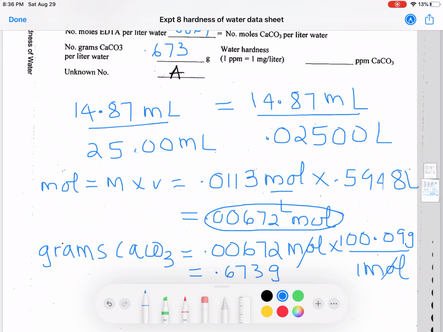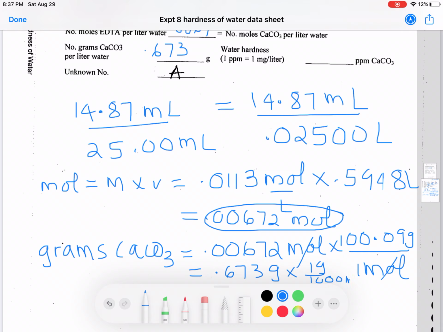Now the water hardness is in parts per million, which is milligrams per liter. So how do you convert grams to milligrams? How many milligrams in a gram? 1000. Good. So you take this number and 1 gram you divide it by 1000.